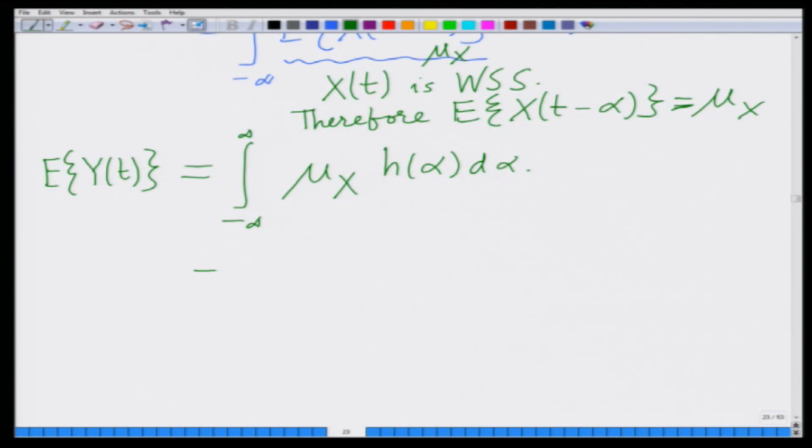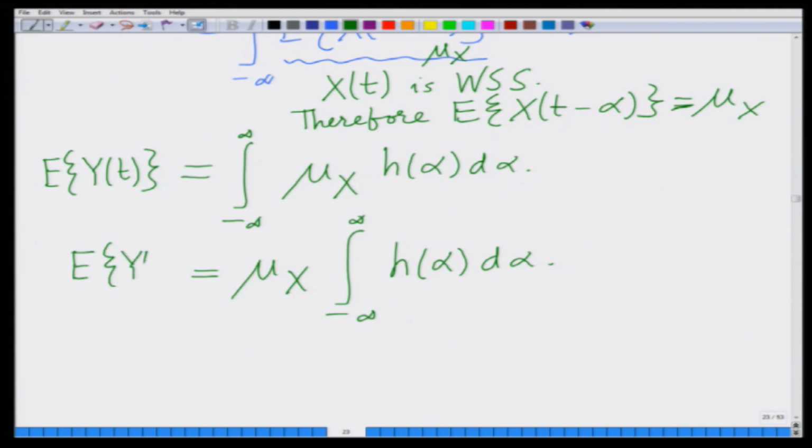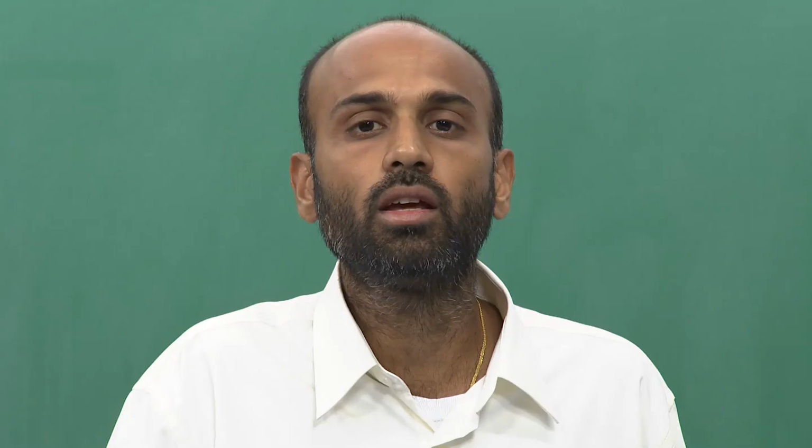And now, since mu of x is a constant, I can bring it outside. This is mu of x times the integral from minus infinity to infinity of h of alpha d alpha, that is the expected value of this random process y of t. And now, you can see that this quantity, mu of x times the integral of h of alpha d alpha, does not depend on time.